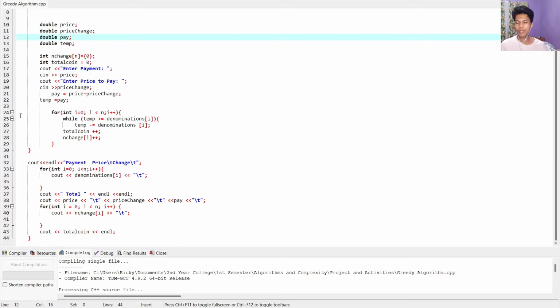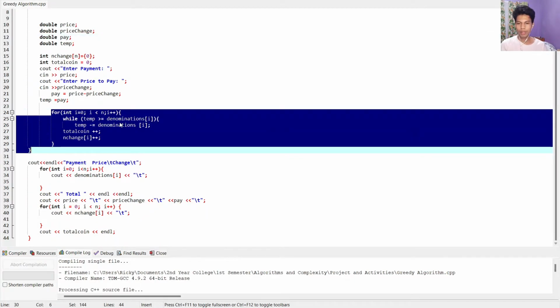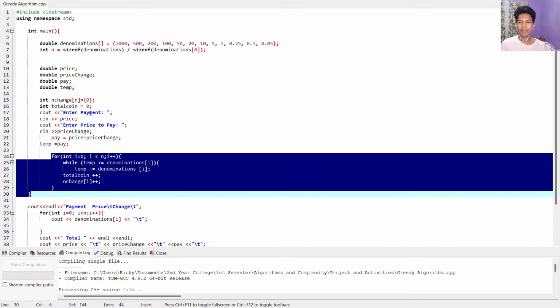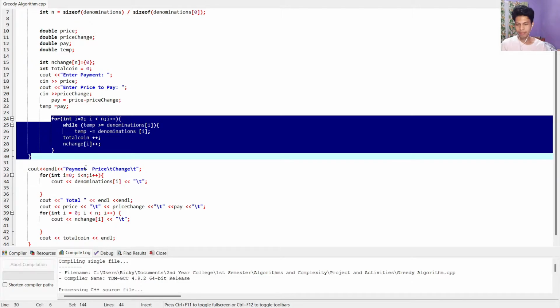For this, we use a for loop so that the program will work efficiently, count and choose the best denominations to give for the specific money that the customer paid.